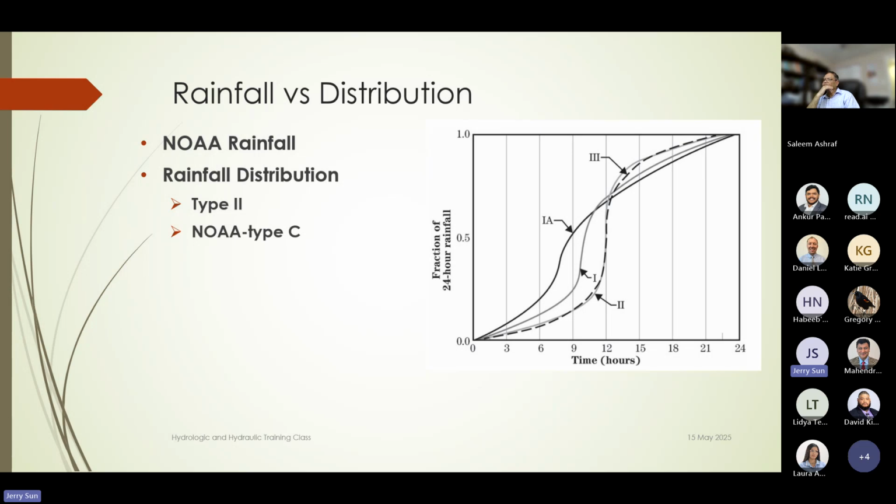They found out a little bit different distribution from the type 2. That's why some counties and states accept the NOAA type C distribution. It is a little bit different, but not much. But now we use the NOAA type C. That's all built into the software distributions.